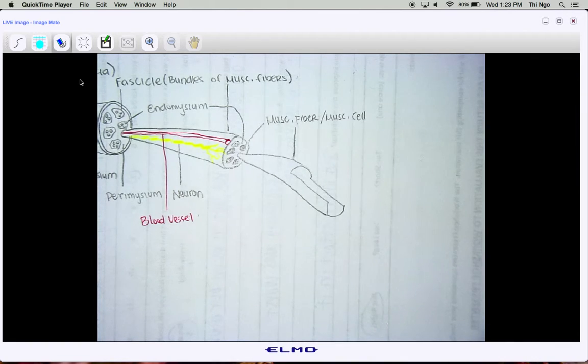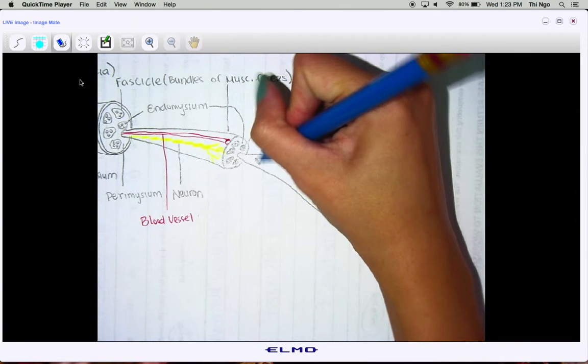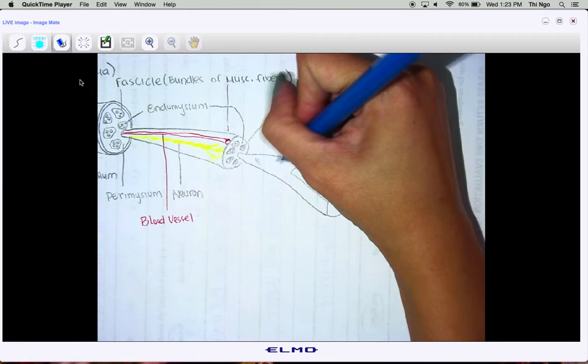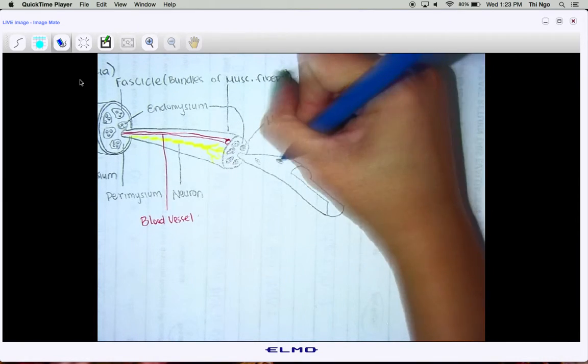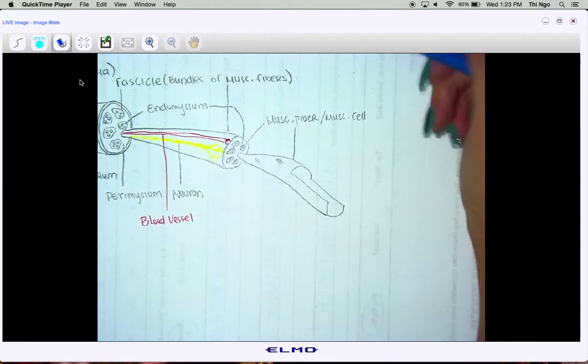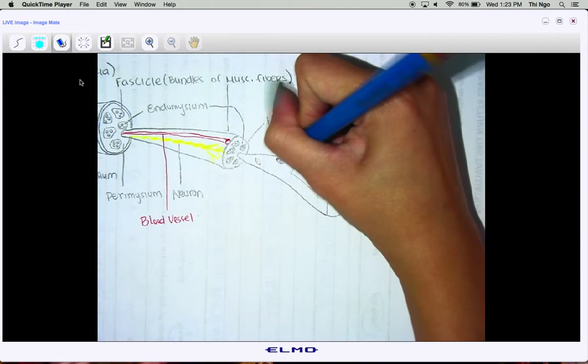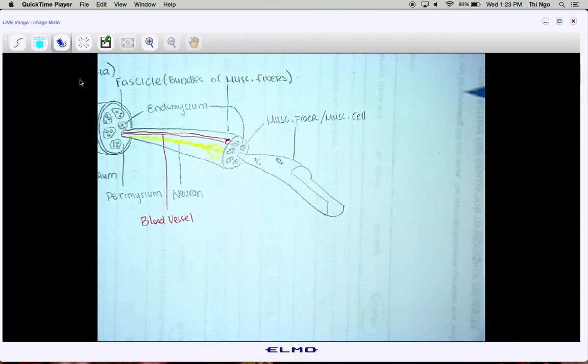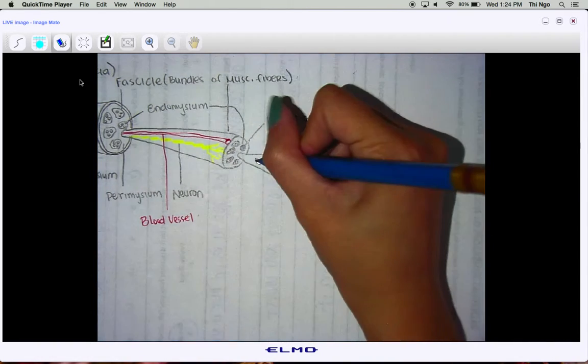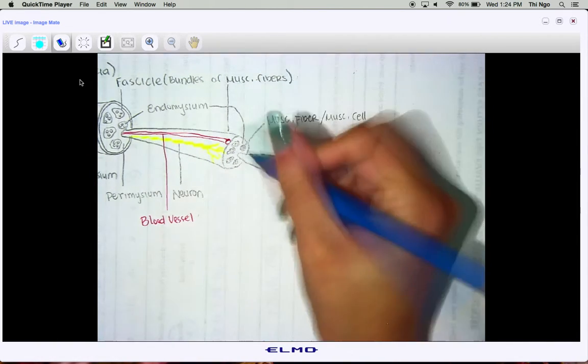Nucleus. Oh, it has mitochondria too. But we're going to draw some of the nuclei in this muscle cell. So here's a nucleus. Here's another nucleus. And you can't see that very well. Here's a nucleus. I just drew an oval and filled it in. So that's a nucleus.